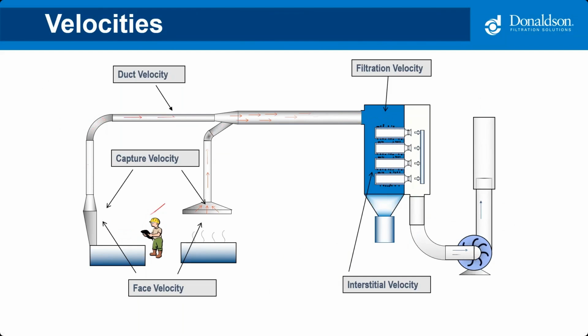Filtration velocity is the speed of the airstream as it enters or passes through a filter media. This is also referred to as air to media ratio, or for us seasoned folks, we may refer to it as air to cloth ratio. And interstitial velocity is the speed of air in between the filters.